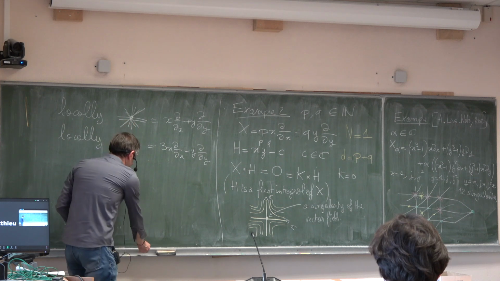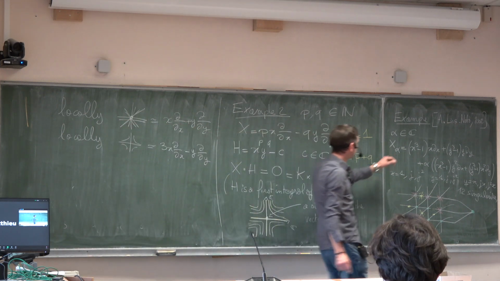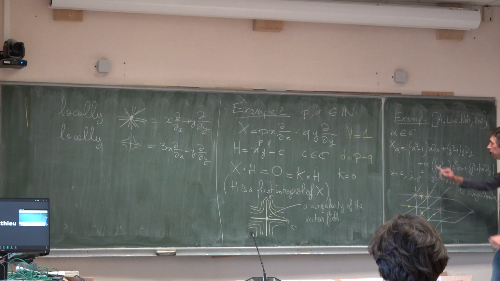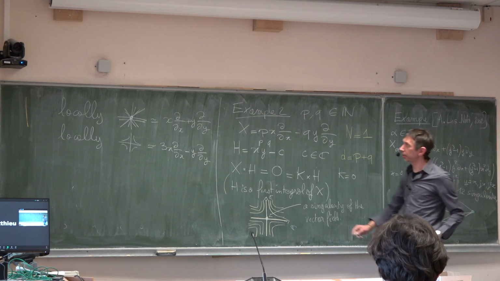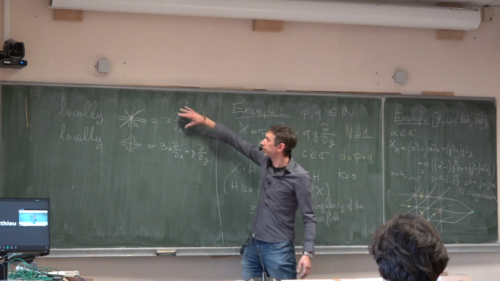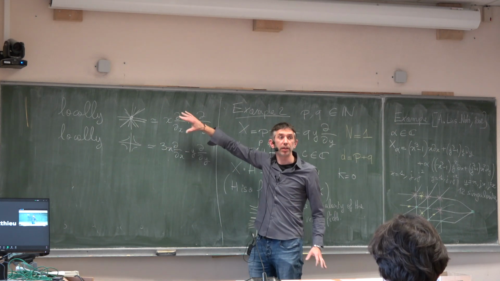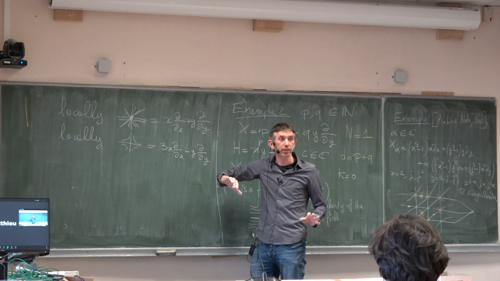So my point is that you have a family of vector fields parameterized by alpha, which is a complex number, with 21 singularities, but each of these singularities has more or less a complex type, which is very, very simple and bounded, which doesn't depend on alpha.